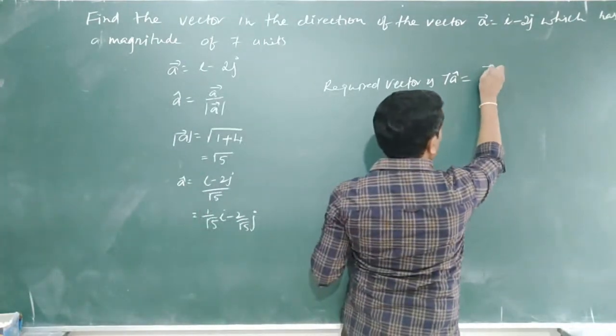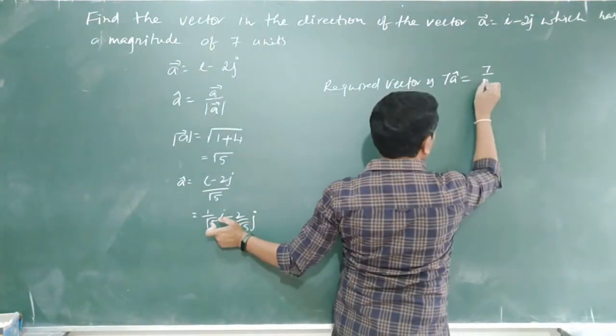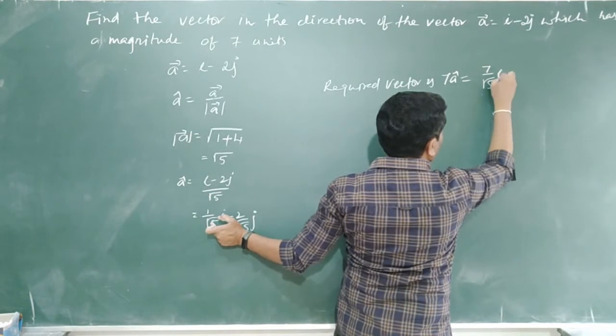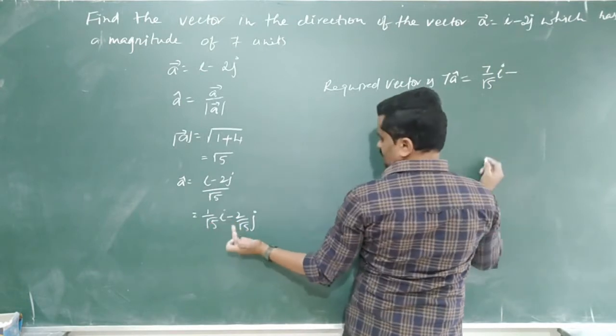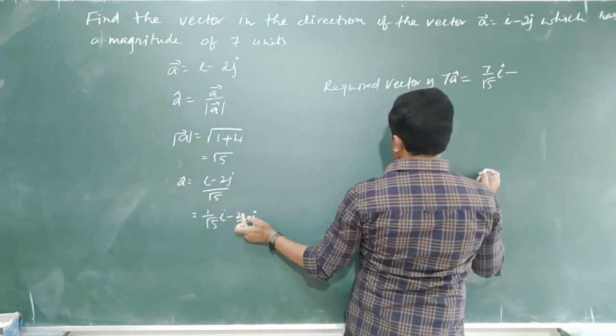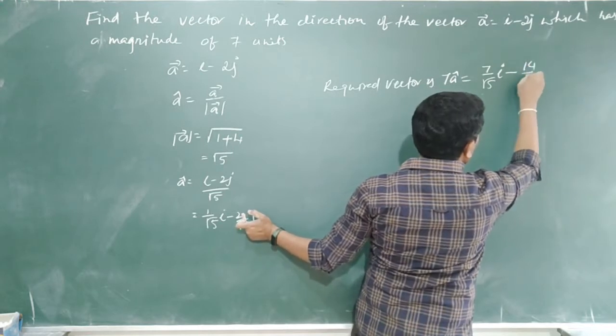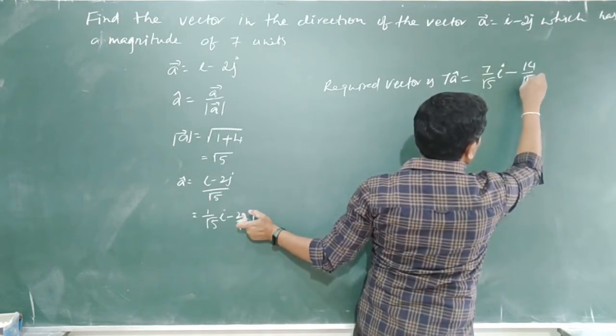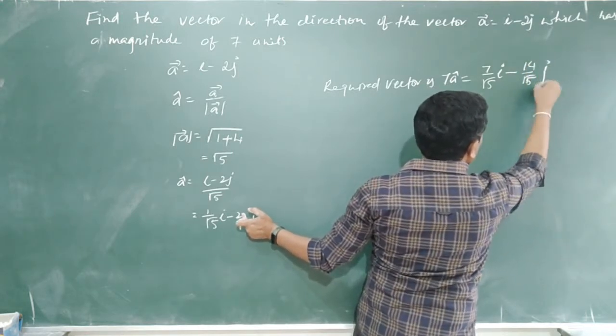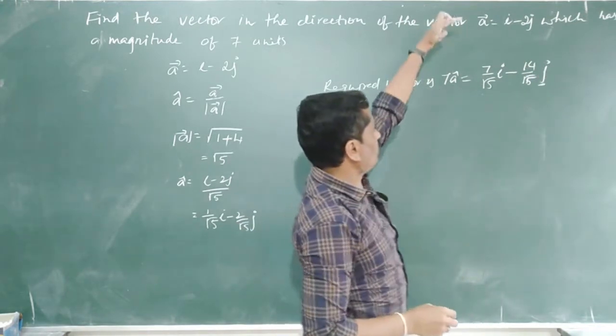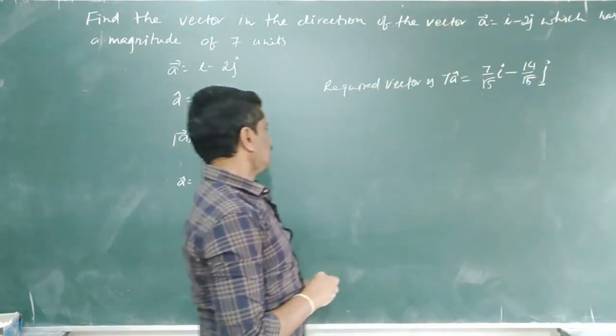Therefore that is 7 into 1, we have 7 divided by root 5 into i minus 7 into 2 we have 14 divided by root 5 into j. So this is a vector in the direction of A bar.